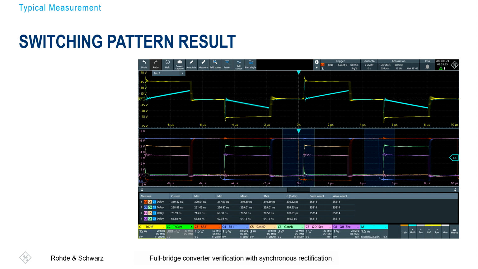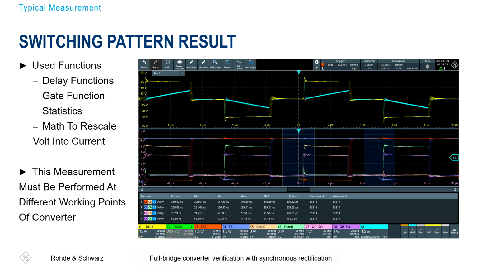In the top window, of course, we have the additional channels added. So we have here the synchronous rectifier on this voltage level, and then of course the primary switching information on these 2 levels, and here as well. What else we see is 2 gates I have defined here and here, because I wanted to measure the dead time between the synchronous rectifier switches and the primary switches.